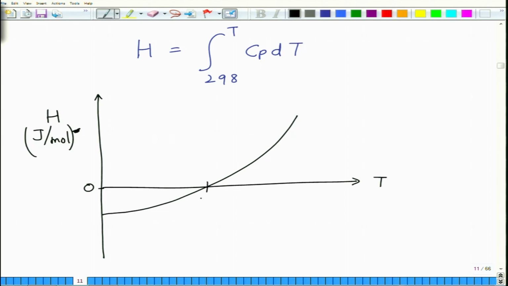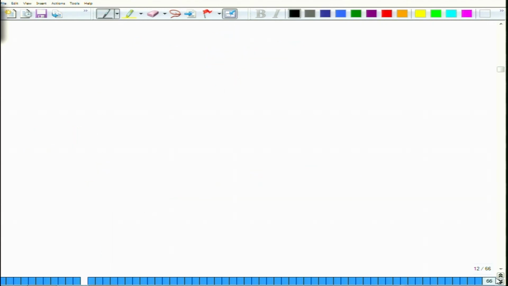So, at 298 Kelvin, H is 0, and the slope of this is basically, you can say, is Cp. Okay. So, this is what is about enthalpy. Now, let us look at the variation of entropy.